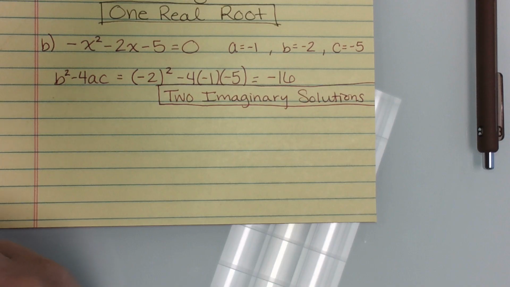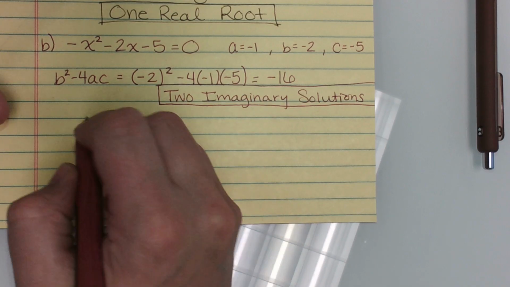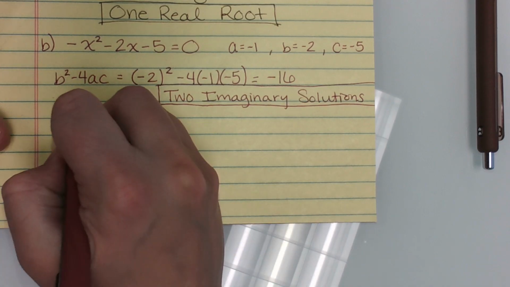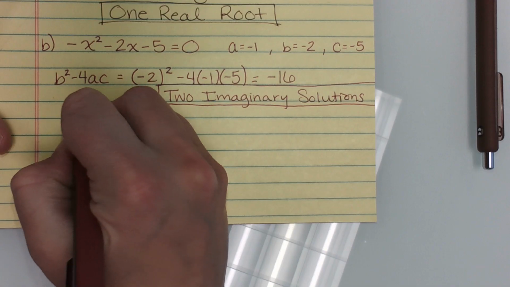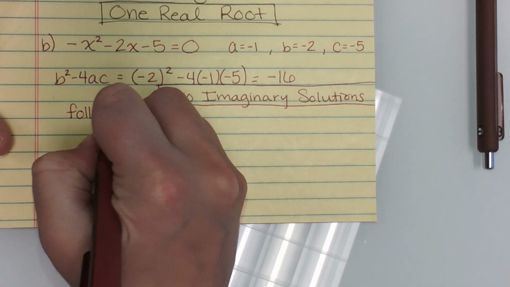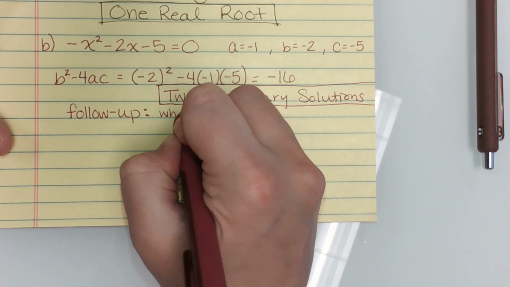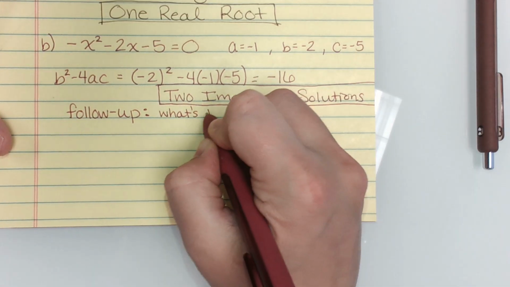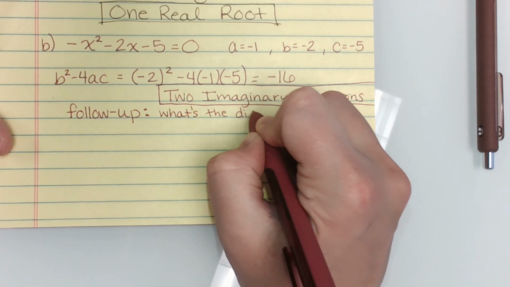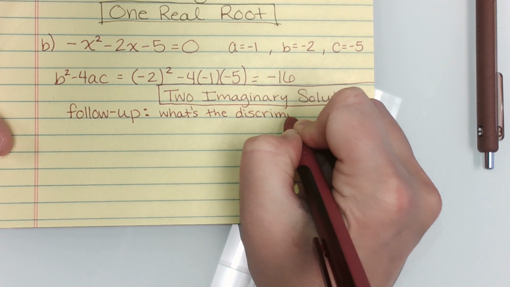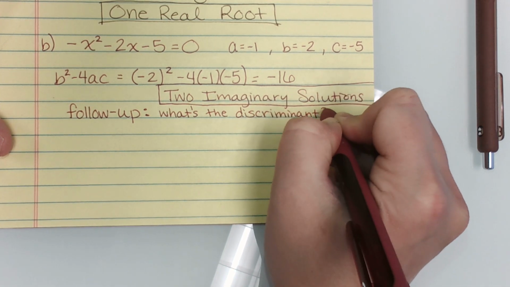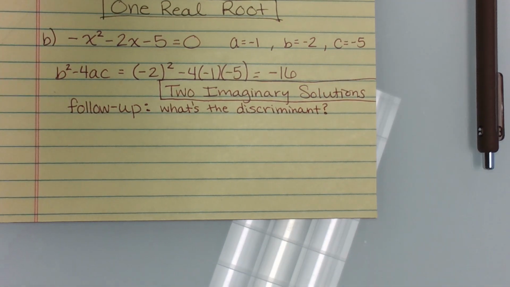Now, sometimes they might ask a follow-up question, or sometimes they may have asked another question altogether. Sometimes they might ask you not only what type and how many, and I'll be honest, this is most of the time they want this as well.